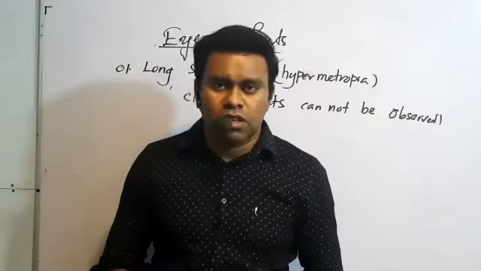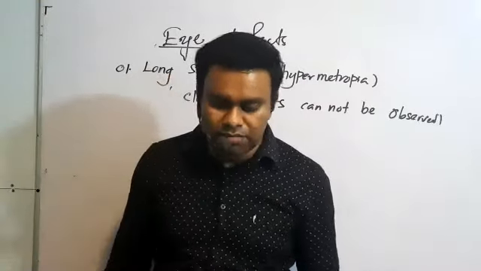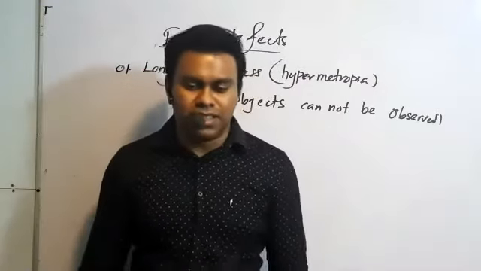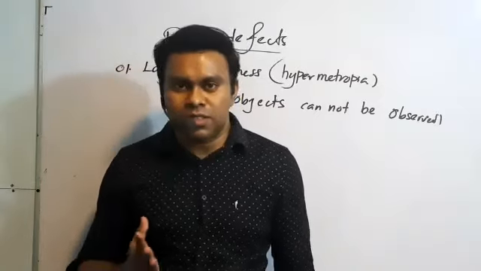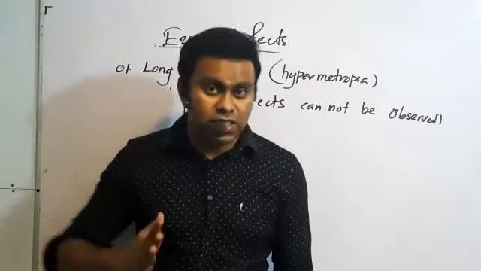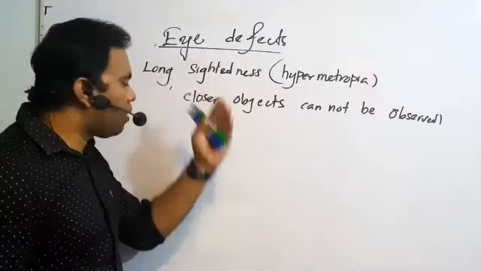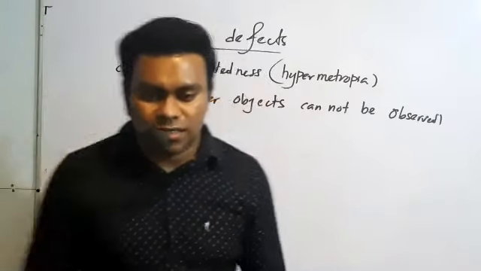By using this name, we can identify what actually happens here. Using this name is how we draw the ray diagram. I'll tell you this, many people don't know it. 90% of students and teachers don't know how to draw this by using the name. The name is placed this way for our convenience. Long sightedness.